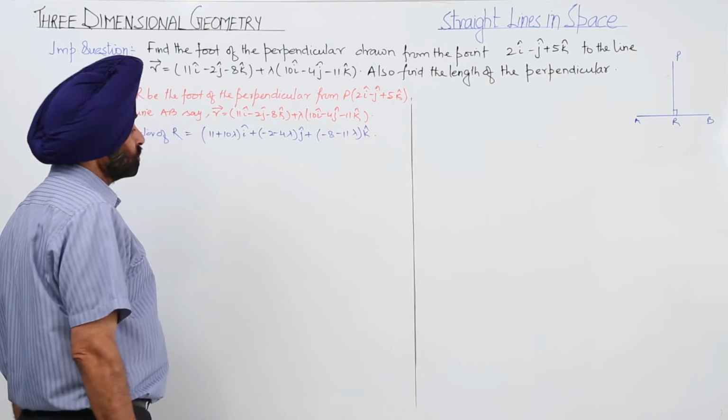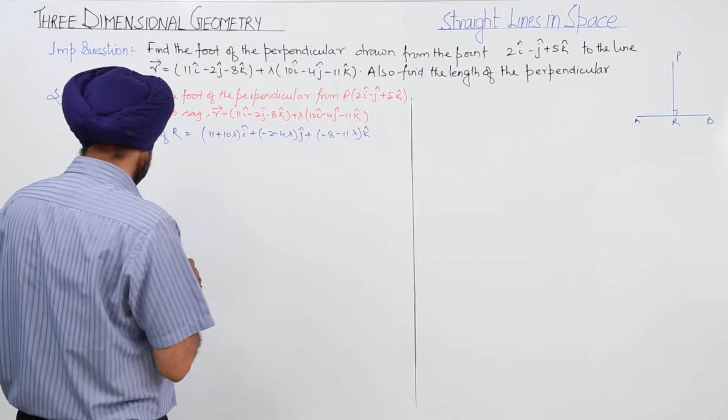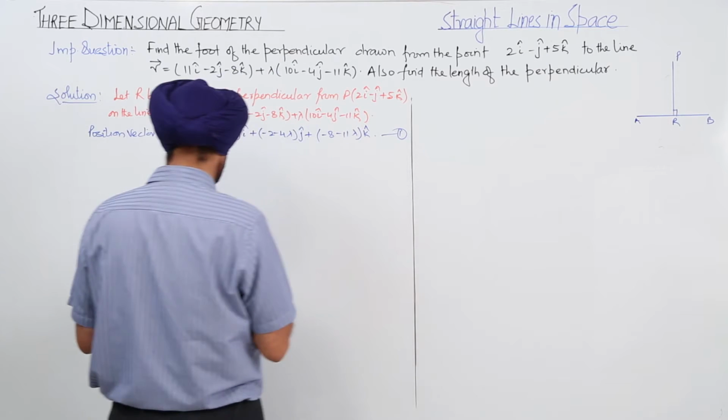So this is the position vector of R. Let this be 1.